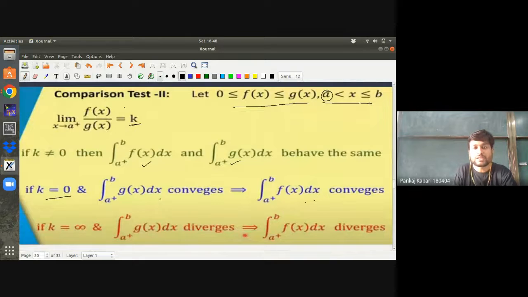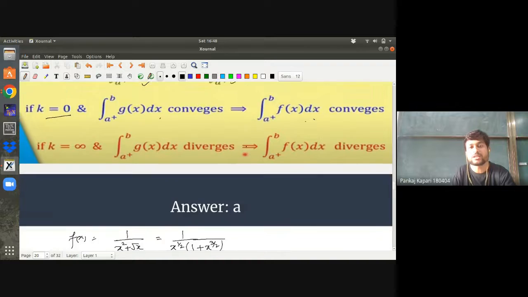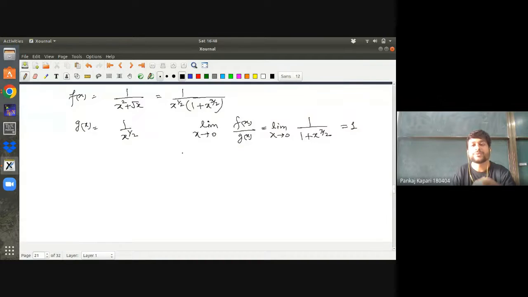The comparison test says that whenever the limit of f(x) over g(x) is a non-zero value k, both of the integrals behave the same. Their convergence and divergence are the same. And hence by the limit comparison test.